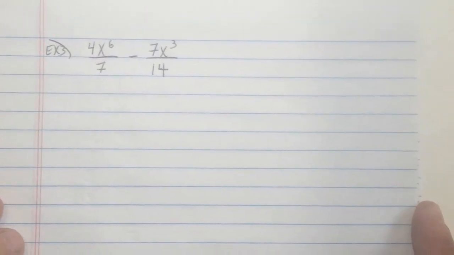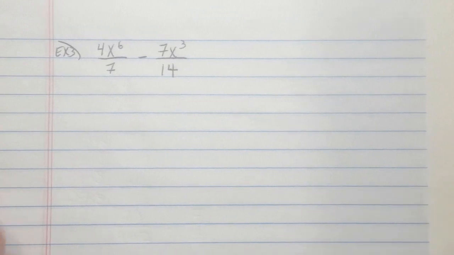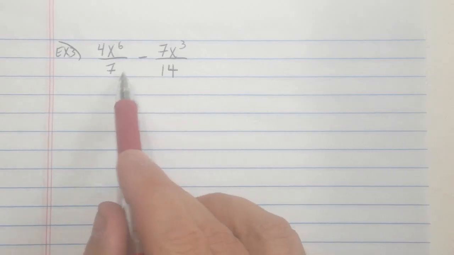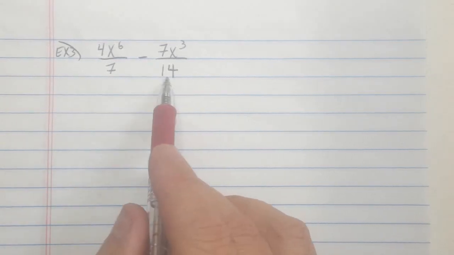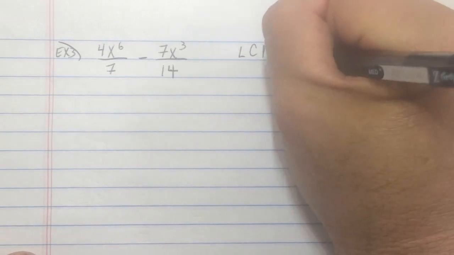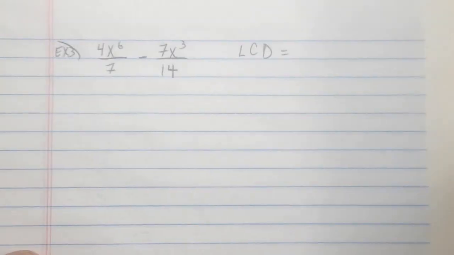Alright, so this is the next type of problem you're going to see in this lesson. Again, you'll notice the way we start out is we look at these denominators. In this case we have 7 and 14. They are not the same, so we need to figure out what our LCD is between 7 and 14.